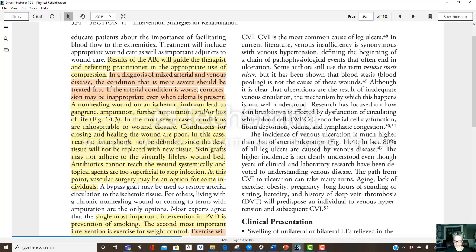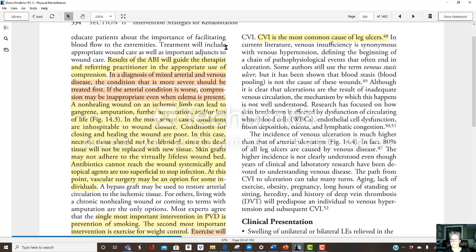In current literature, venous insufficiency is synonymous with venous hypertension, defining the beginning of a chain of pathophysiological events that often end in ulceration. Some authors still use the term venous stasis ulcer, but it has been shown that blood stasis, blood pooling, is not the cause of these wounds, although it is clear that ulcerations are the result of inadequate venous circulation.